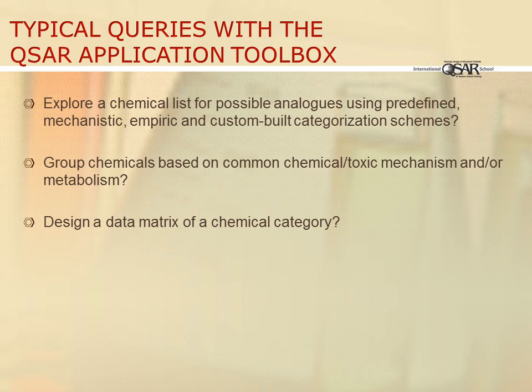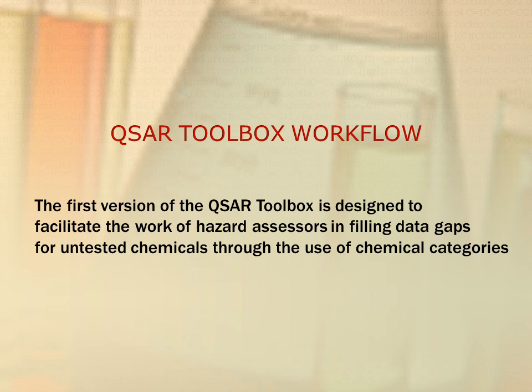Very difficult question to answer. And then finally, can we design a data matrix for an entire chemical category? Can we list lots of different chemicals and lots of different endpoints and try to array the data all in a way that's easy to interpret?